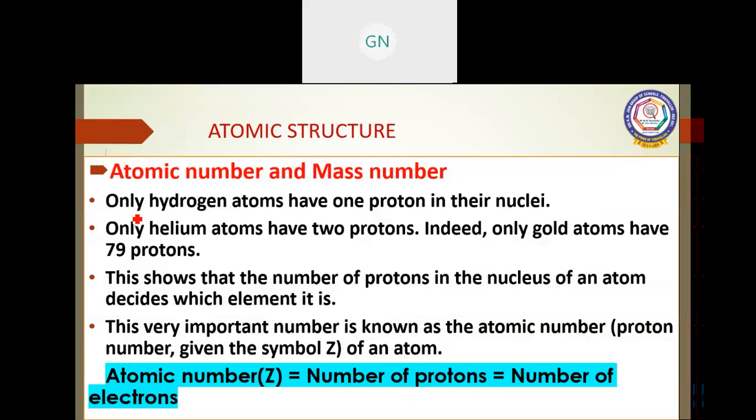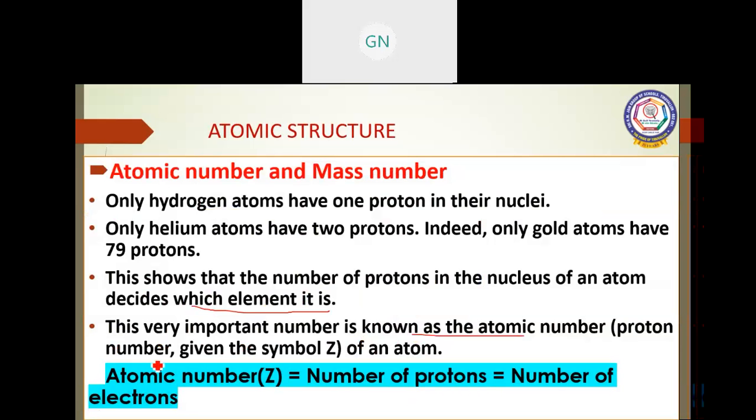Let me see about atomic number and mass number. Only hydrogen atoms have one proton in their nucleus. Only helium atoms have two protons. Only gold atoms have 79 protons. This shows that the number of protons in the nucleus of an atom decides which element it is.